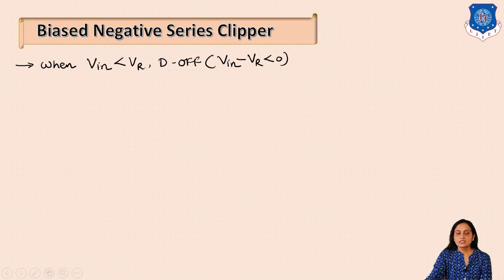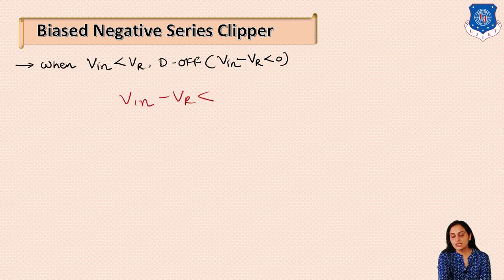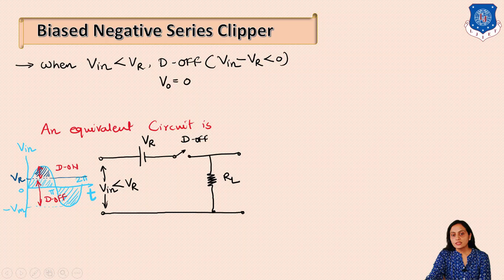Now we will see the analysis of the same clipper circuit for Vin less than Vr. We know that when Vin is less than Vr, Vin minus Vr is less than 0, and due to that the diode is off and the equivalent circuit is this. As the diode is off, that means open circuit, the output will be 0 for this particular input voltage range.